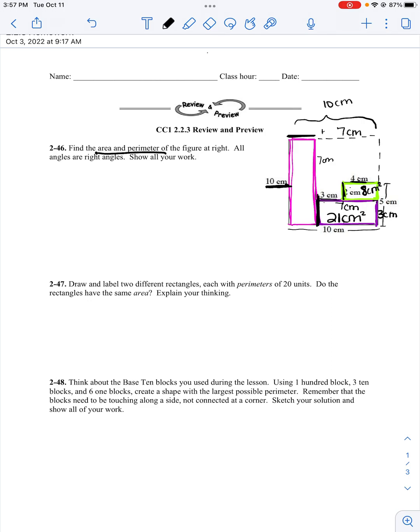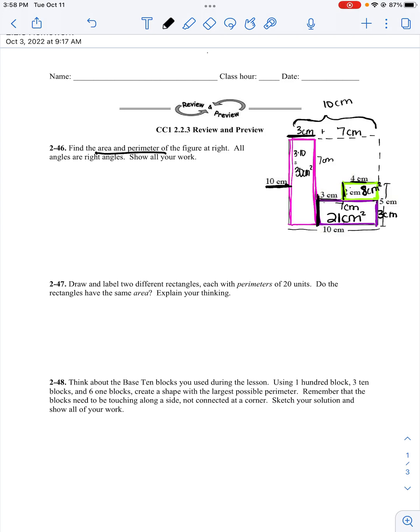What do I have to add to 7 centimeters to get to 10? Well, that's 3. So the dimensions of the pink rectangle are actually 10 and 3 centimeters. So 3 times 10 is 30 centimeters squared.